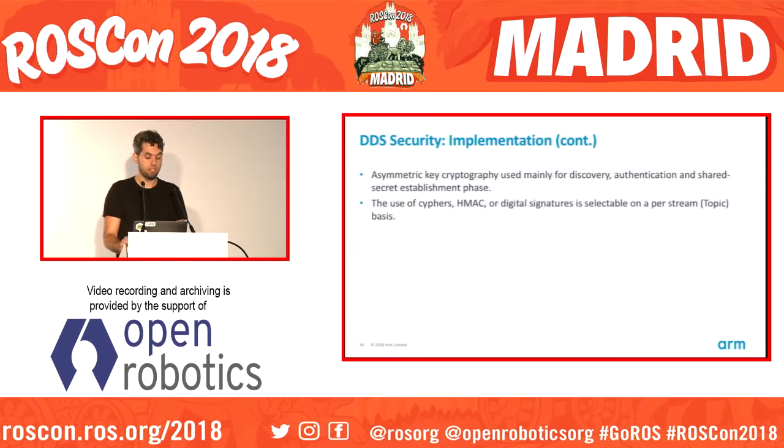Right. Just a few more details. The DDS specification actually pinpoints how the communication needs to be, which algorithm needs to be used, but it has some options to some extent. For us, we have been approaching it more or less on these 2 items. All the asymmetric key cryptography is just used for discovery, authentication, and the creation of the shared secret.